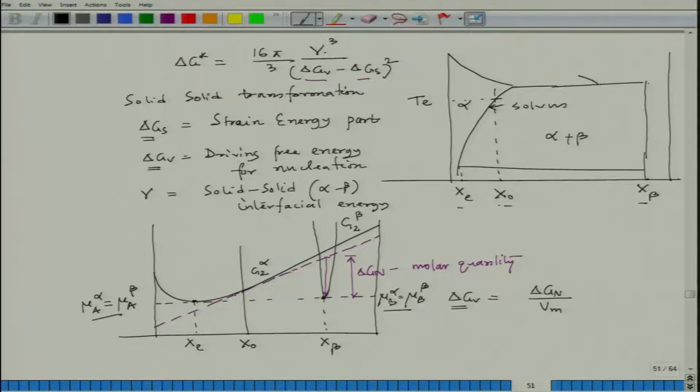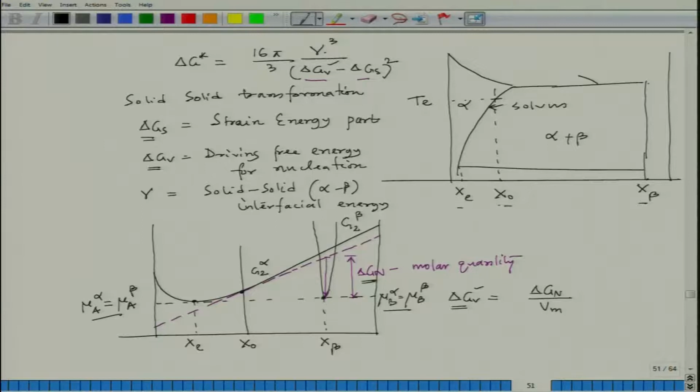So we can easily get those two points by solving these two equations, and then we can also draw a tangent, get the cross section of that tangent with the free energy line of beta, measure this particular value delta Gn, and then dividing it by molar volume we get delta GV, which can be used in this particular equation.